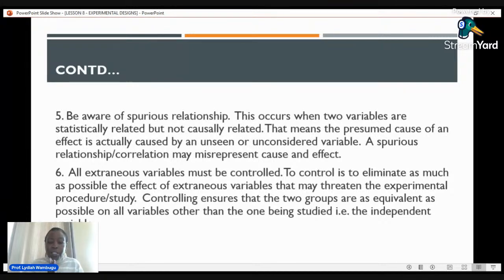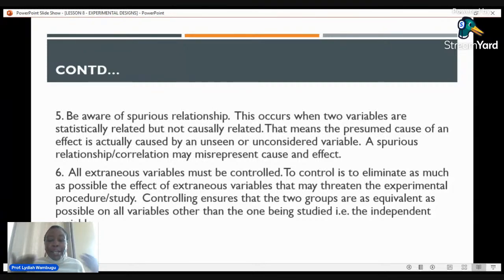And then point number 6, and I think it is the last one: all extraneous variables must be controlled. I think we had mentioned that, and we cannot stop mentioning it. All extraneous variables in an experimental design must be controlled. And to control means to eliminate or to remove as much as possible the effects of extraneous variables so that they do not threaten the experimental procedure.